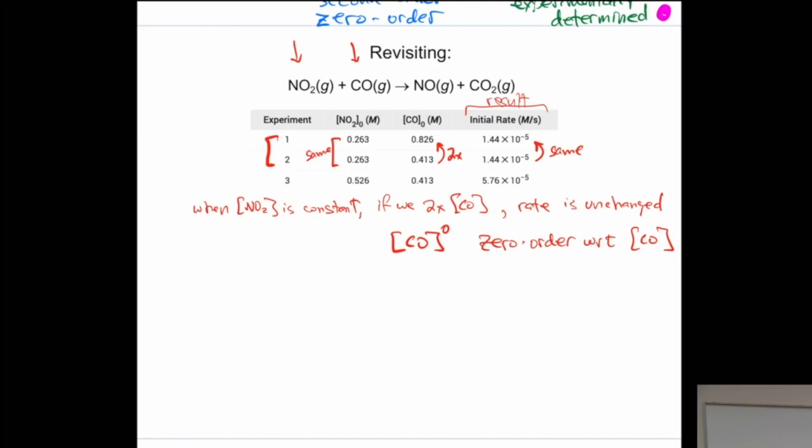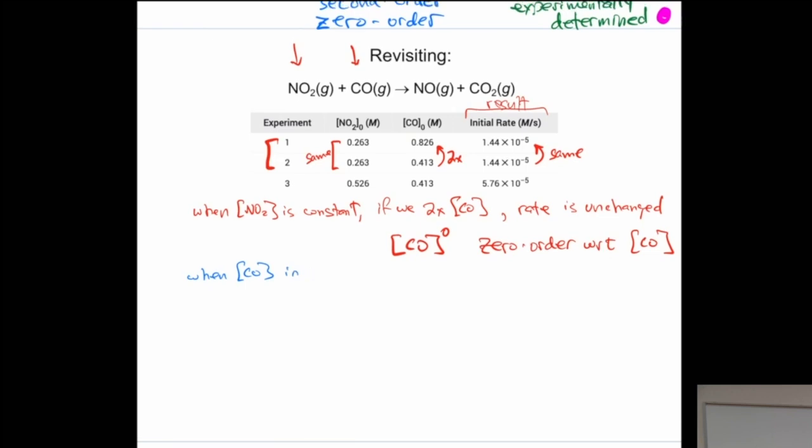Now, let's do the same thing for what's the reaction order with respect to nitrogen dioxide. The carbon monoxide concentration is constant. Well, let's find that first. Let's do that one in blue. So that's going to be these two.